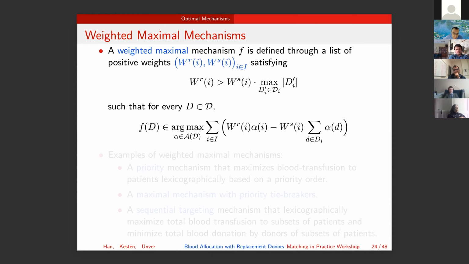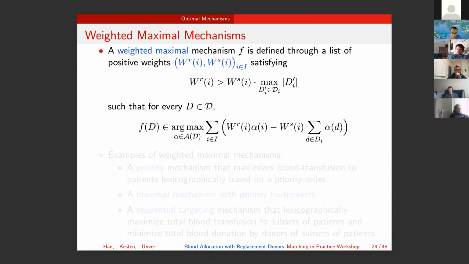And this FT is an argument which maximizes this weighted difference sum. So for all patients, look at all the allocations which maximize this weighted sum of the received units minus the weighted sum of the donated units.